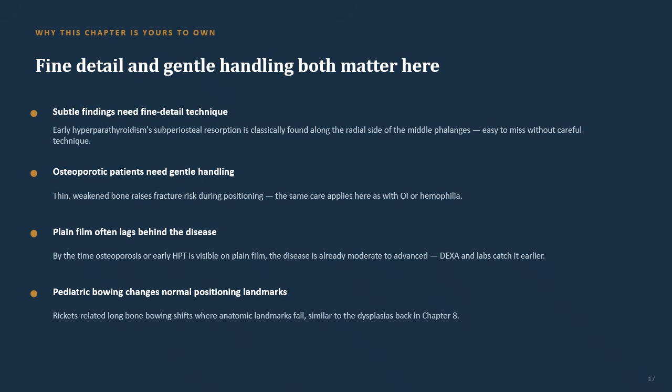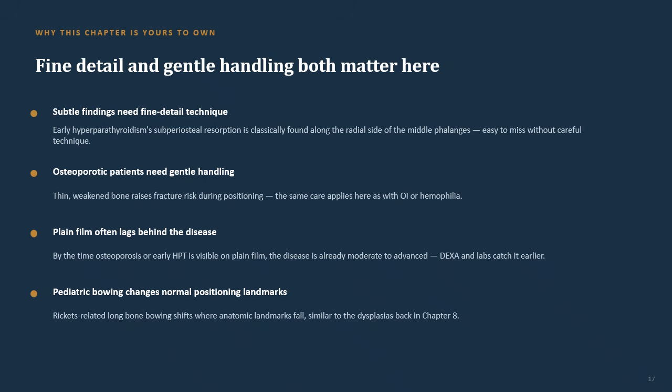In terms of osteoporosis, we typically are not going to see that condition manifest on our film images until that condition has progressed and is in its more advanced stages. So by the time we see some of these findings on an image, like in hyperparathyroidism and also osteoporosis, the condition has advanced.